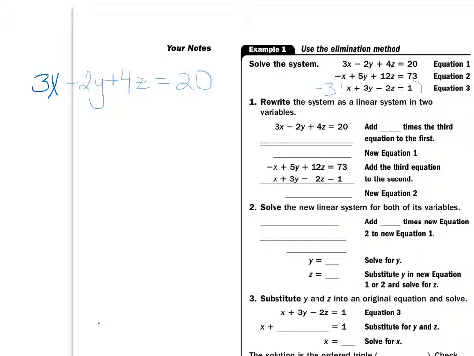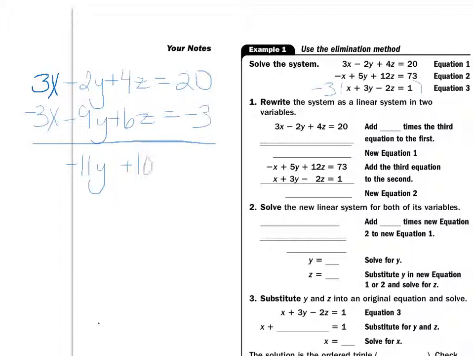So let me do that as I write it down. So I'll have negative 3x minus 9y plus 6z equals negative 3. Adding down, I'll have negative 11y plus 10z equals 17.